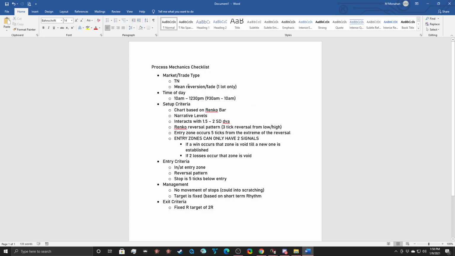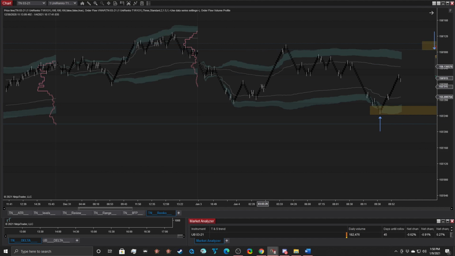So what you see here is time of day, 10 a.m. to 12:30. Then we have a chart based on the Renko bar. We need price to touch a narrative level. So it touches a narrative level, and then from there, we interact with the 1.5 to 2 deviation on DVA.